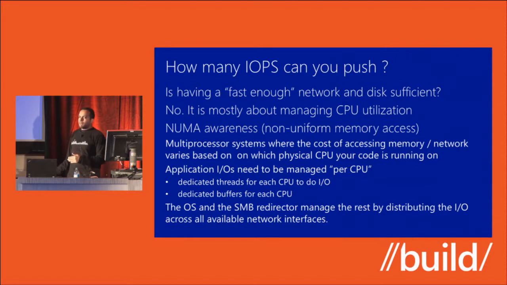If, let's say, you have two network links and two CPUs, each TCP connection or each link is affinitized to one CPU. So if your app running on that CPU sends an IO down, we'll make sure that it's sent out on the right network interface. We won't mix interfaces. So the stack does a bunch of things, and as an application writer, that's what you need to be aware of.